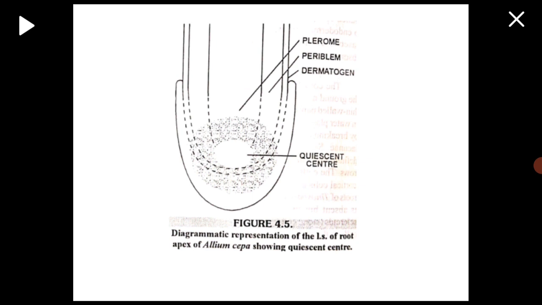The quiescent center acts as a reservoir of cells and becomes active whenever the previously active initials get damaged or during the establishment of the secondary roots. However, normally the cells of quiescent center do not divide and remain inactive.